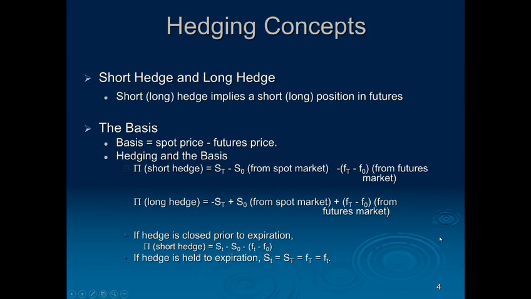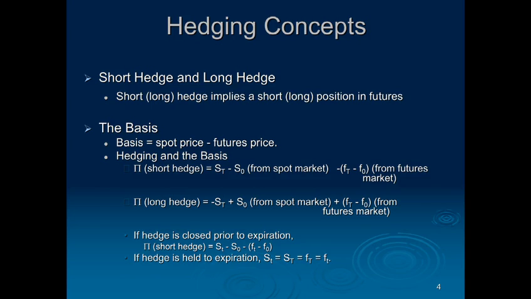Okay, so we have to go through some terminology that's very important, that leads us then to understand what a hedge ratio does in the context of futures contracts. We can have two different types of hedges: what's referred to as a short hedge and a long hedge. A short futures hedge means two things, in fact.